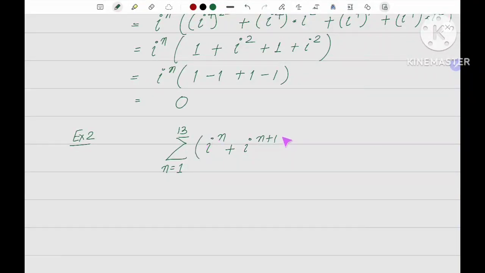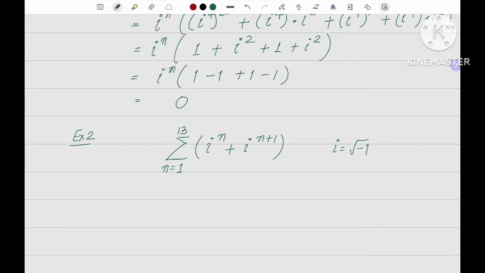This is the summation for which I want to find the answer. I is of course the iota. In exams you might get where i is root of minus 1, so they usually make sure that i is the iota. So there are so many ways I can tackle this problem.